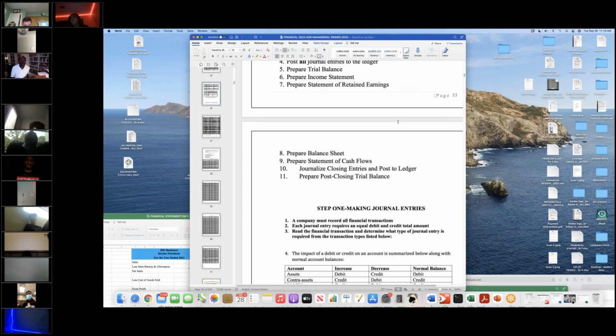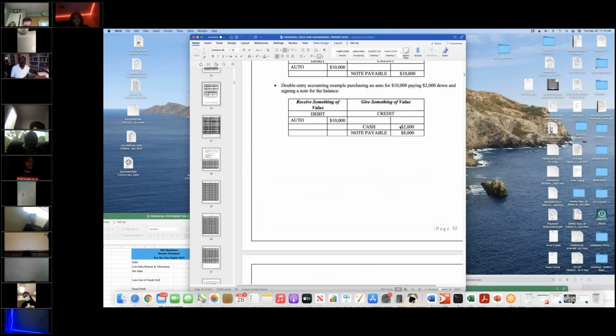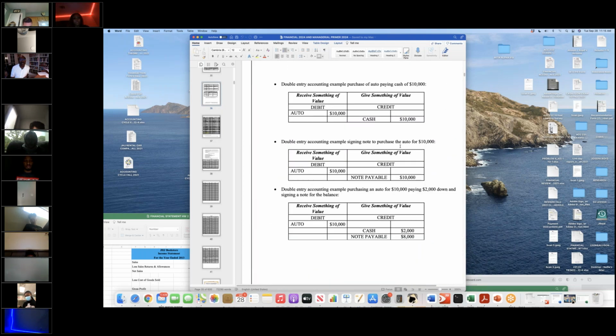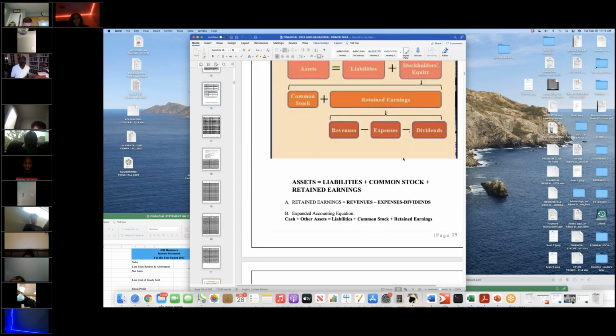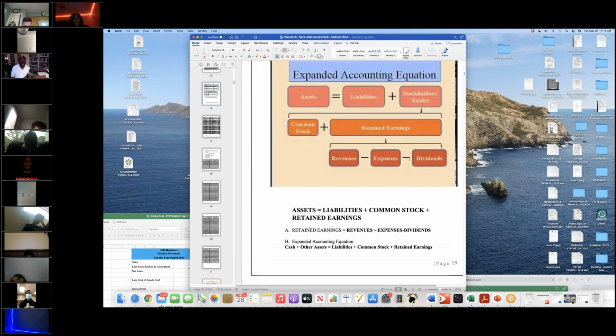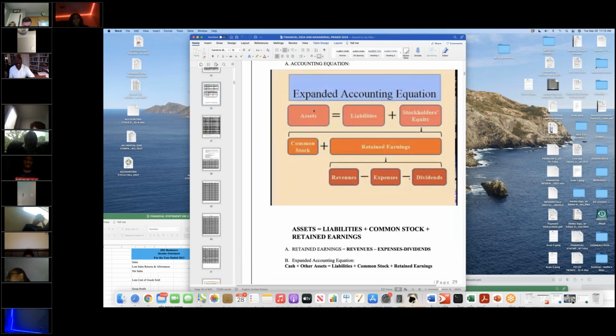So we can go back up for just a second to that accounting equation. With the accounting equation, you see assets equal liabilities plus stockholders' equity, which is common stock plus retained earnings. And remember, the business is trying to increase its assets by increasing retained earnings.